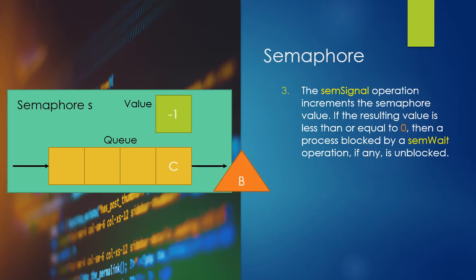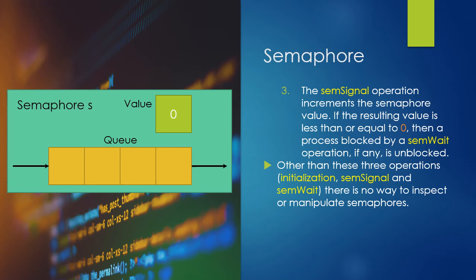B is unblocked and resumes execution. Suppose any process other than C does a semSignal. The value increments. C is unblocked and resumes execution. Other than these three operations, there is no way to inspect or manipulate semaphores.